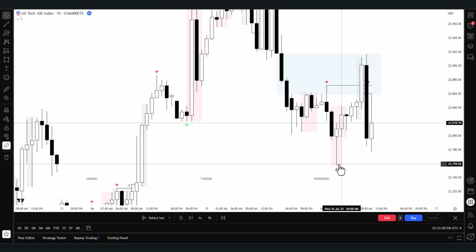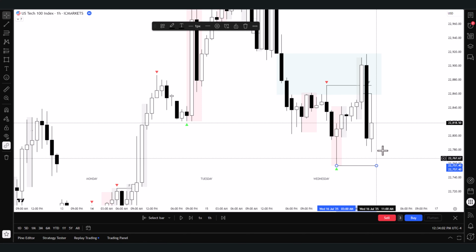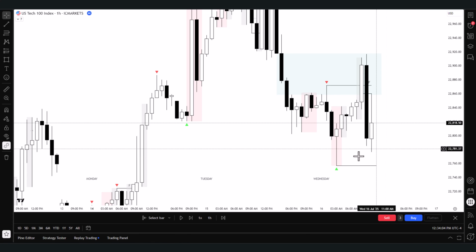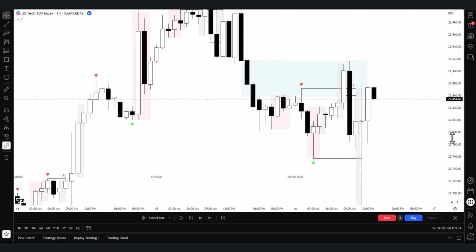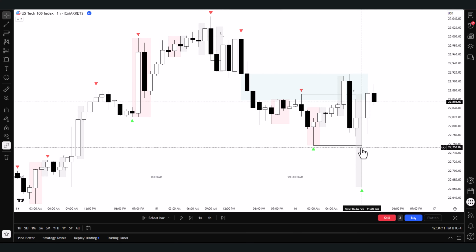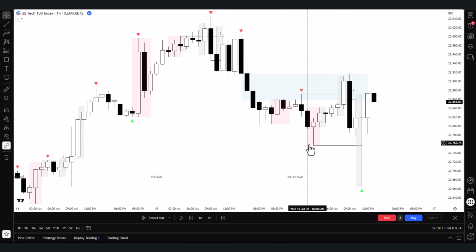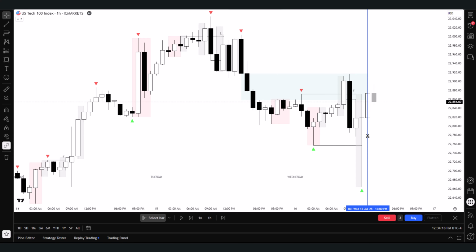Here we have a London session low, and this is also a key level, the fractal low. If price sweeps this low, then I will go for buy. Let's see. Okay, price sweeps the fractal low, and also sweeps the London low. That means our bias becomes buy.